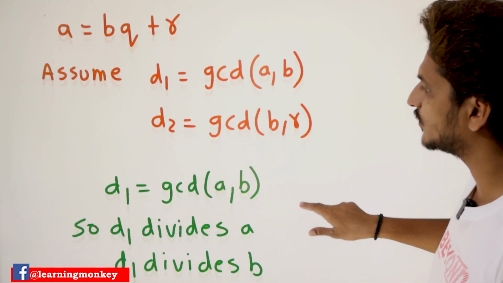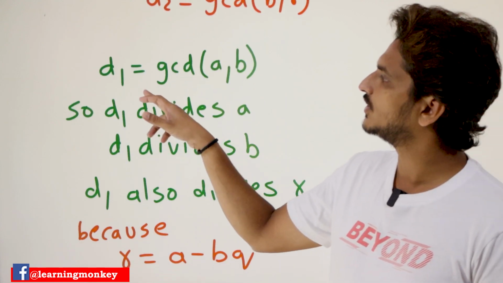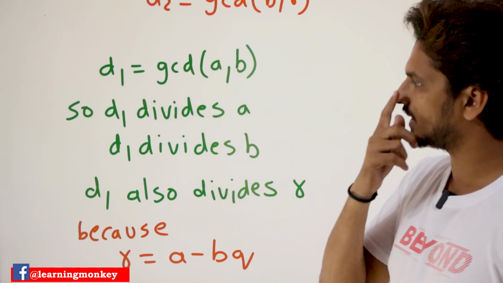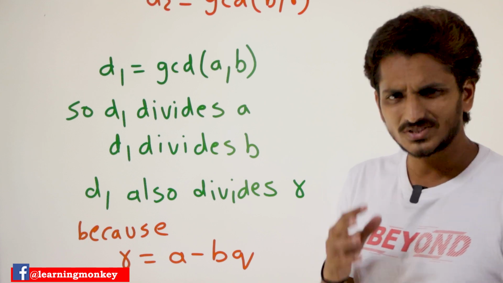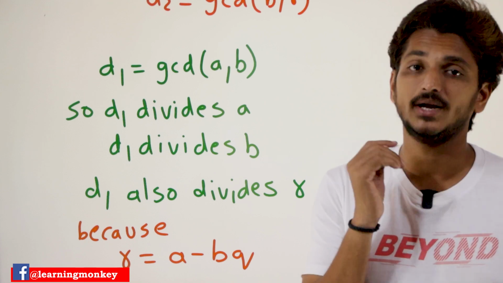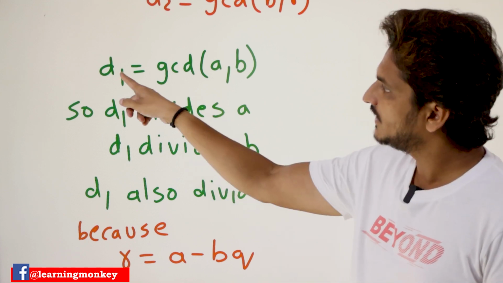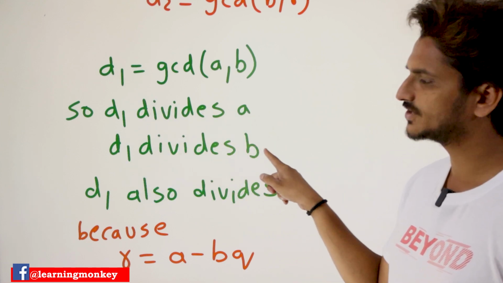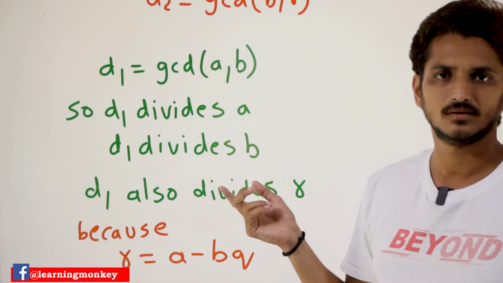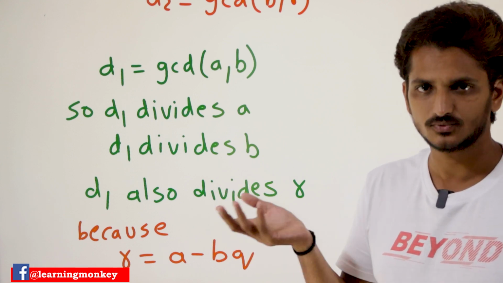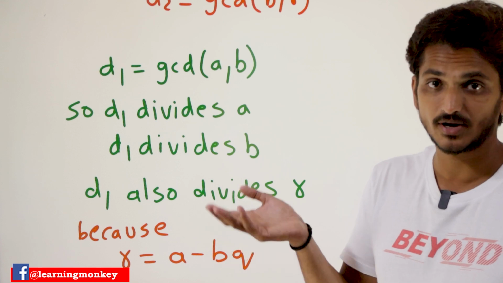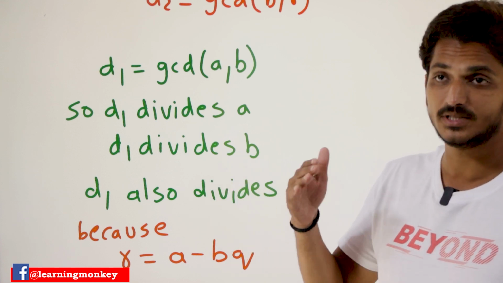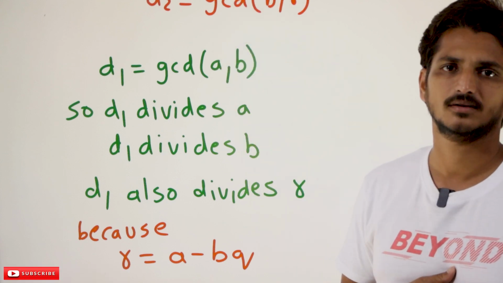Now let's try to understand how we need to show that D1 equals D2. We are assuming that D1 is equal to GCD of A comma B. What's the meaning of GCD? Greatest common divisor. It means D1 divides A and D1 divides B. It is going to divide both A and B, as a common divisor, and GCD means the greatest common divisor.